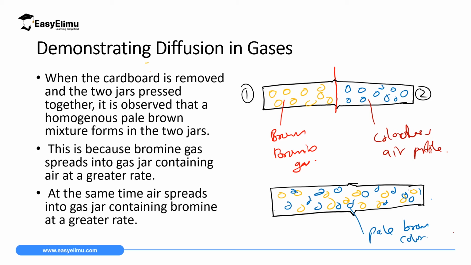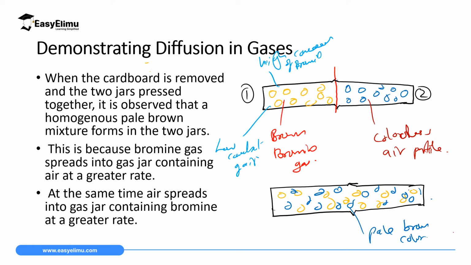Now, what happened such that the two particles interacted? What happens is that the particles of bromine diffused, because in this place here we have high concentration of bromine, and at the same time we have low concentration of air.